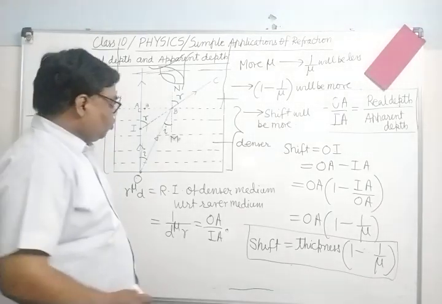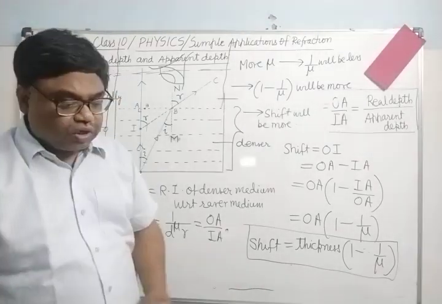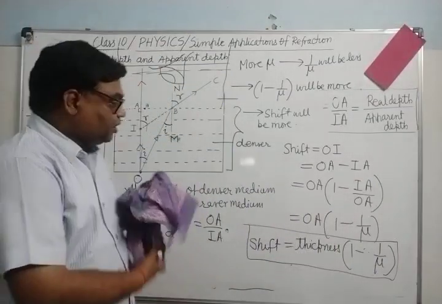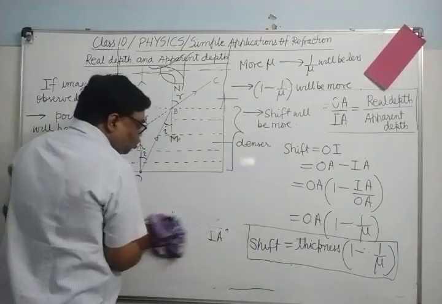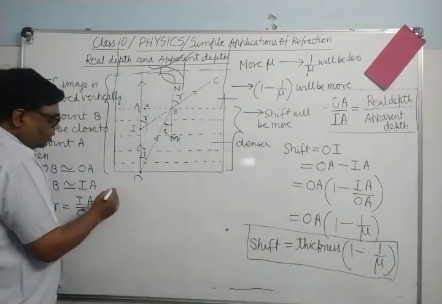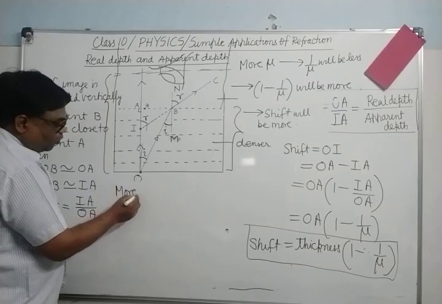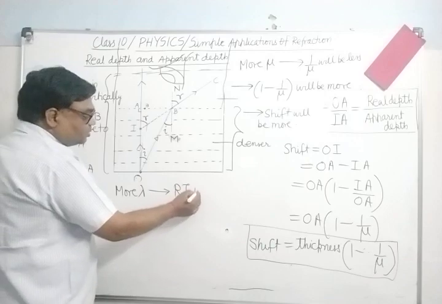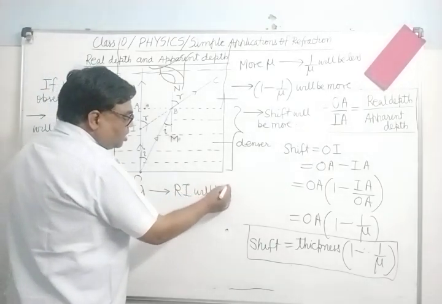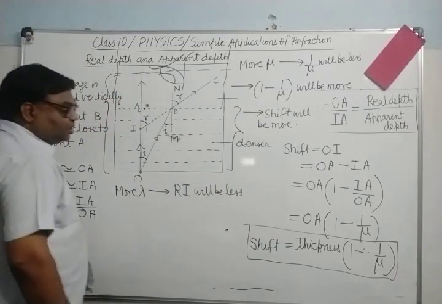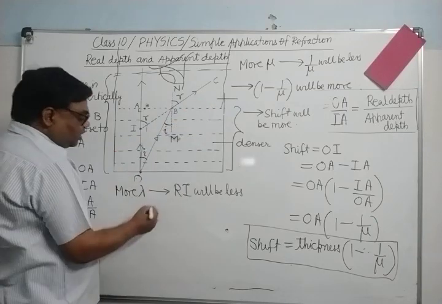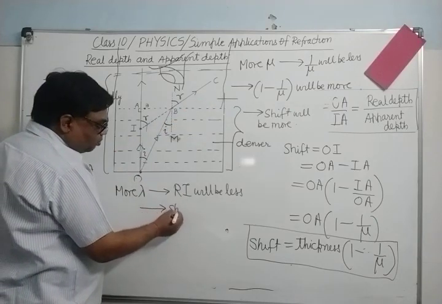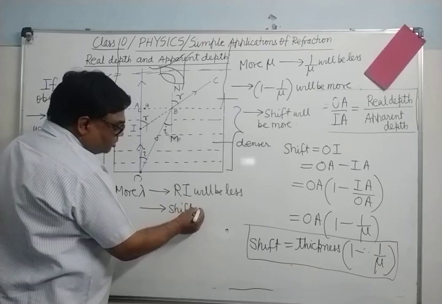In terms of wavelength, as we know, what is the relationship between wavelength and refractive index? More wavelength, less refractive index. More wavelength, refractive index will be less. When refractive index will be less, shift will be less.